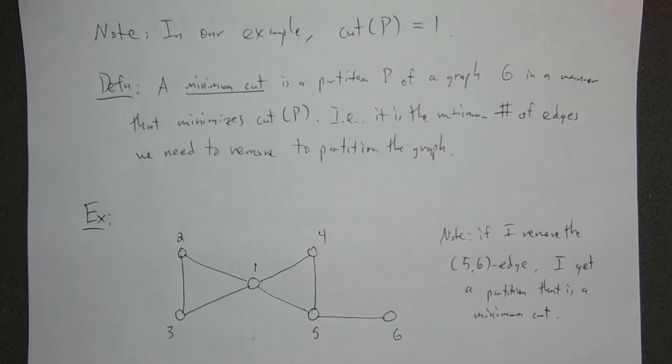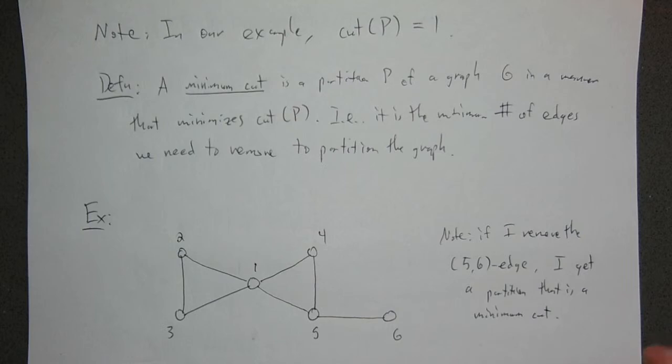And if I were to consider the partition where I have vertices 1, 2, 3, 4, 5 together and vertex 6 off on its own, that is a partition, and it's actually a minimum cut because I only need to remove one edge to do that. Now, why wouldn't I want to do that?